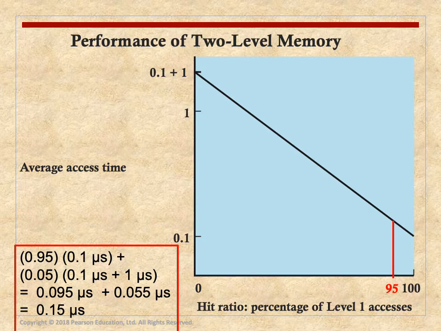And in 5% of the cases, we have the slow access that takes 1.1 microseconds: 1 microsecond for copying data from level 2 to level 1, and 0.1 microseconds for accessing the copied data. Now if we solve the sum, then we get 0.15 microseconds as the average access time. The average access time is very close to the access time of the faster memory. So the strategy of using two memory levels works in principle for a good system performance.